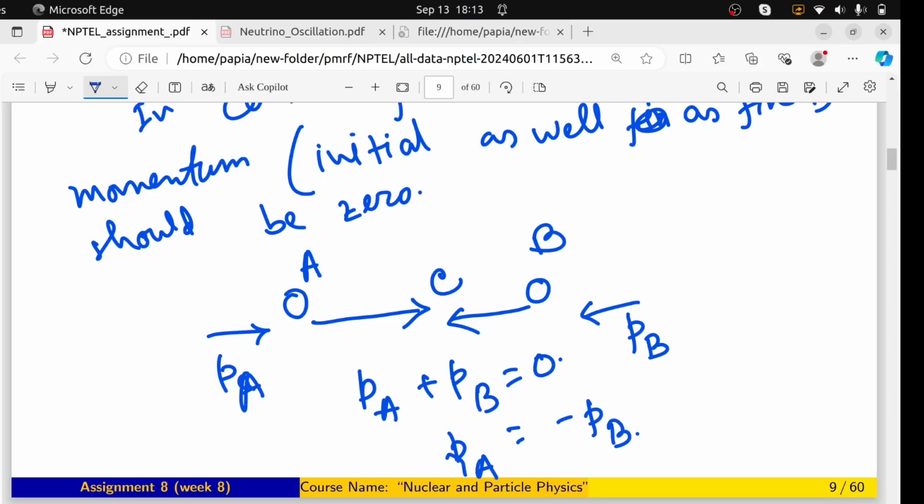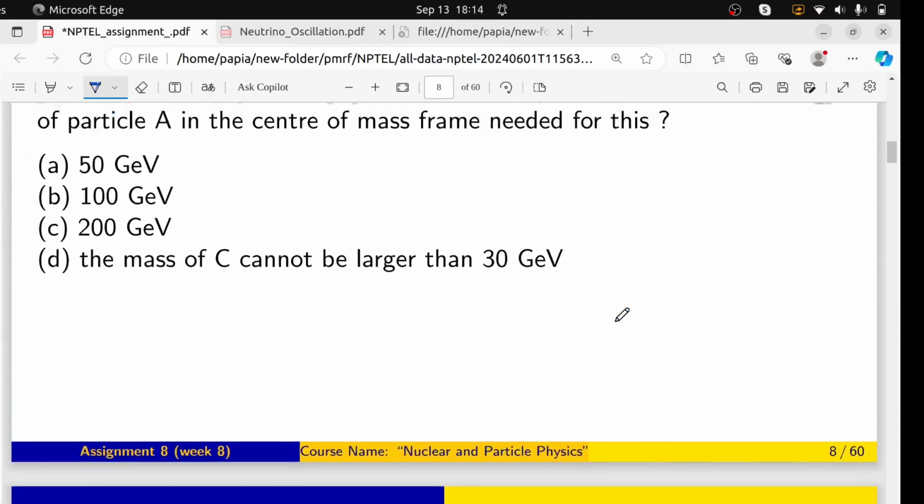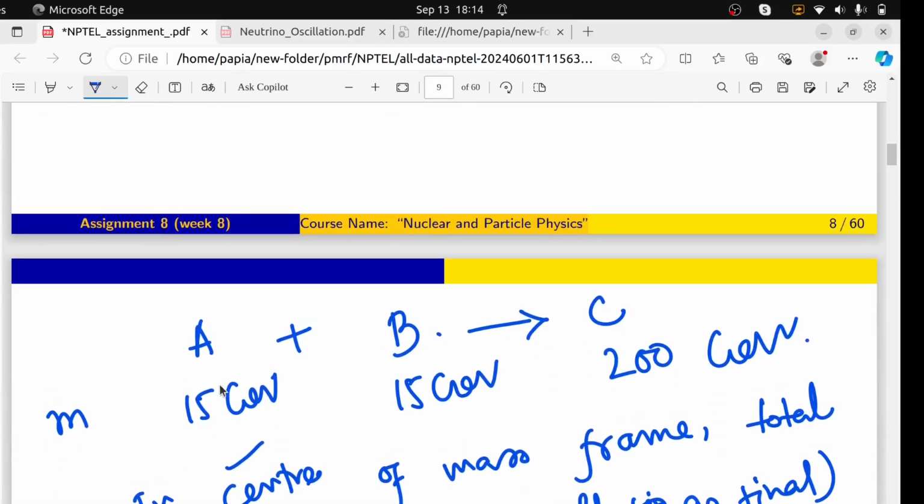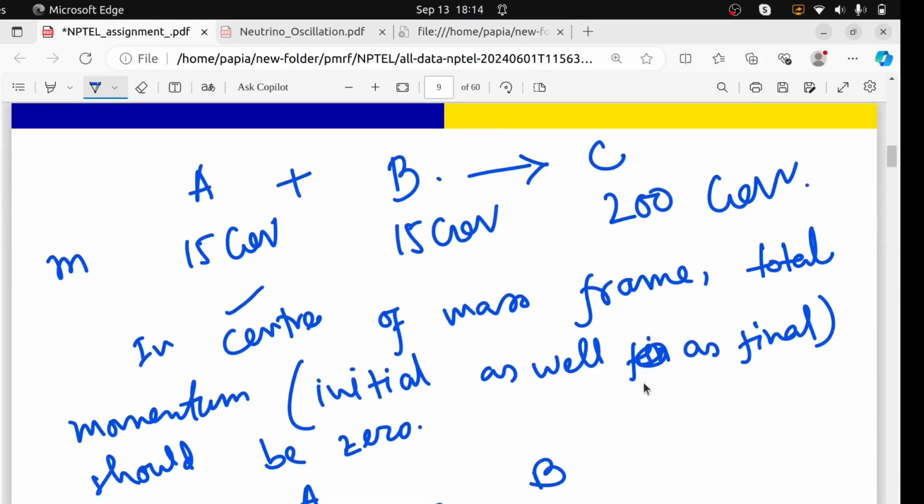So in the center of mass frame, the total momentum should be 0, and from this condition we can say that PA should be equal to minus PB. Actually it should be in vector form. So this is the condition, already given in the question, and one more condition is given, that the mass of particles A and B is 15 and the mass of particle C is 200 GeV.